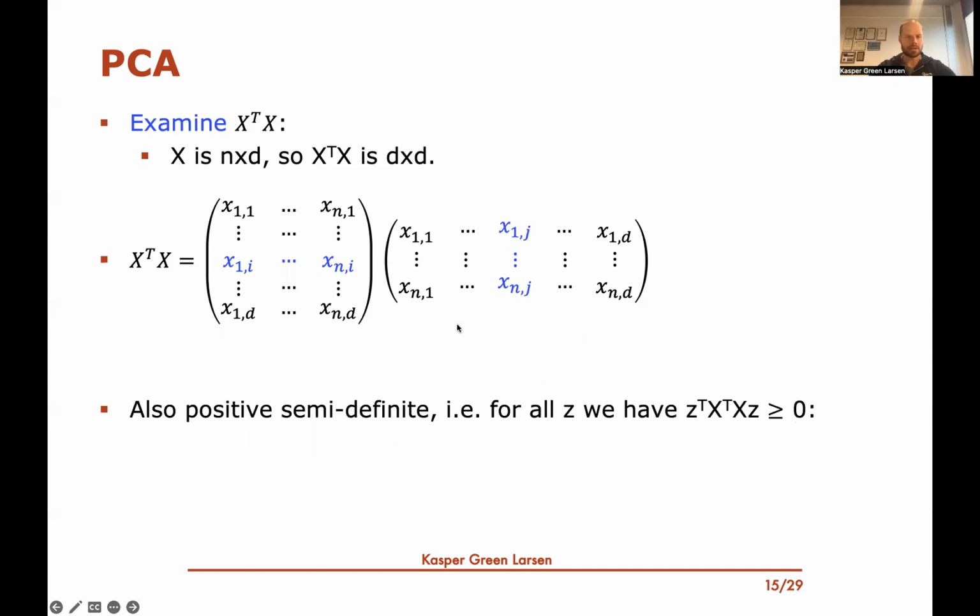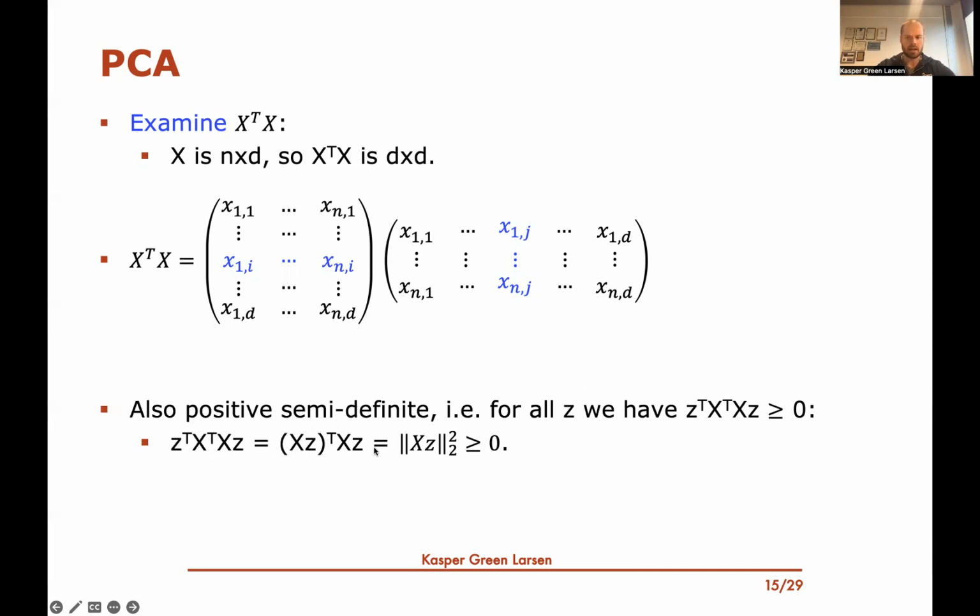The definition of being positive semi-definite is that for any real vector z, if I take z transpose, multiply it from the left onto the matrix and multiply with z from the right, then this has to be at least 0. This is not too hard to see, because if I take this expression, I can put parentheses around Xz and move the transpose out.